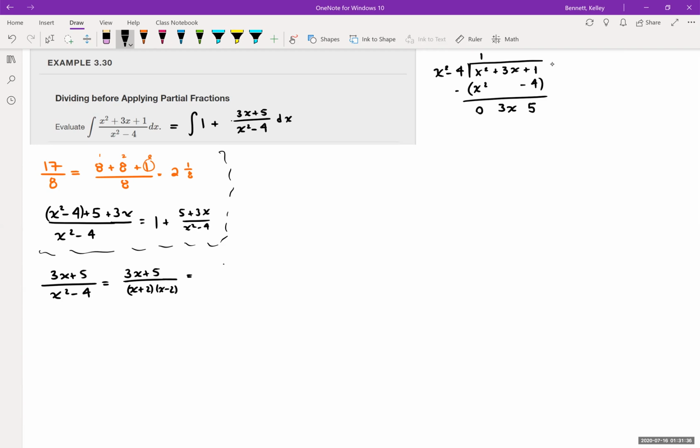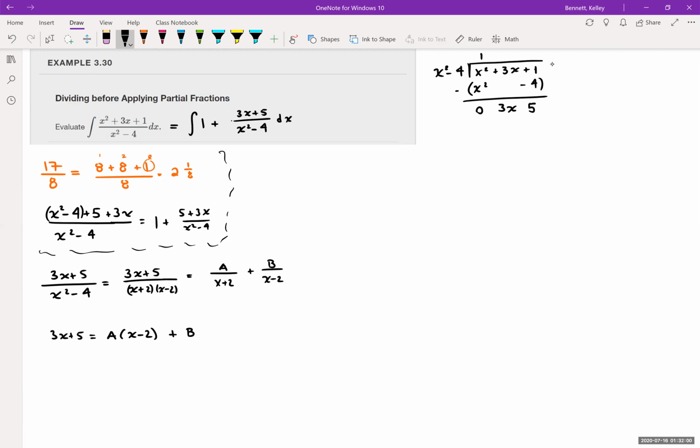So I know this is going to be A over x plus 2 plus B over x minus 2. So I get 3x plus 5 equals A times x minus 2, right? Because the x plus 2's are going to cancel, so it's just A and the x minus 2 that survives.